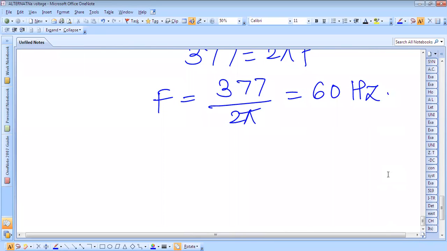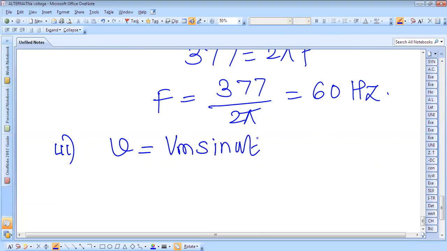And third answer, we have to find the instantaneous voltage when time t is equal to 3 milliseconds. So we have to find the instantaneous value, that means V, and what is the equation? V is equal to Vm sine of omega t. This we have to calculate. So instantaneous voltage V, the equation is given sine of 377 t.